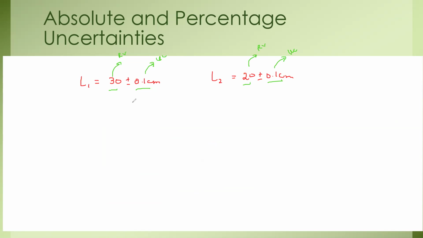Now, today's topic is about the compound uncertainties. When we have different physical quantities and we want to work out the compound uncertainty, it depends on the formula. For example, if I want to work out the compound uncertainty for addition of the quantities, I want to measure L, which is a sum of L1 plus L2.